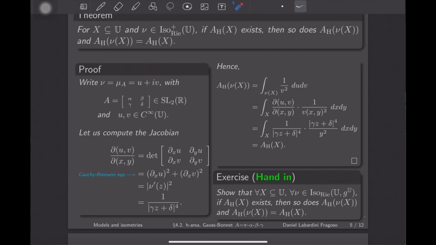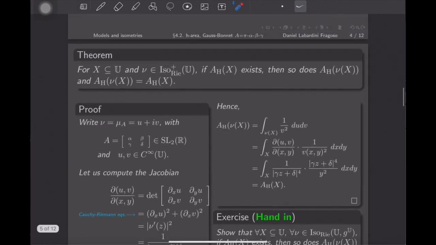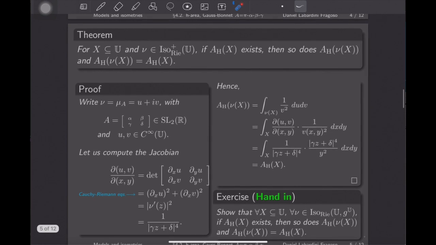And then when we proved that the elements of PSL2R preserve U bijectively, we computed the imaginary part of nu of z, and we saw that it was the original imaginary part divided by what you see here in the numerator.